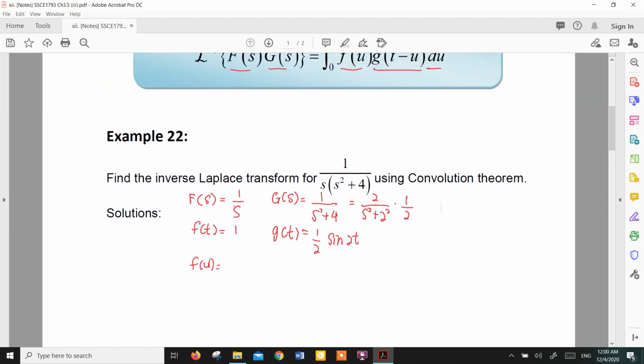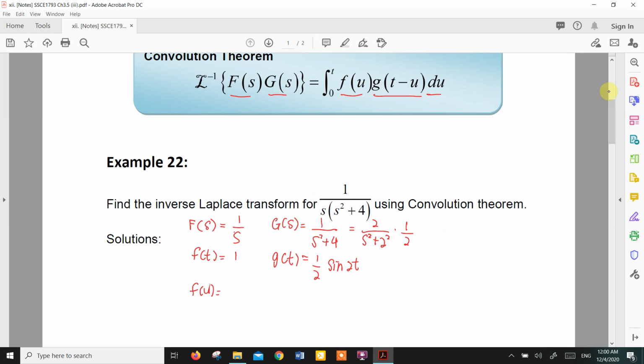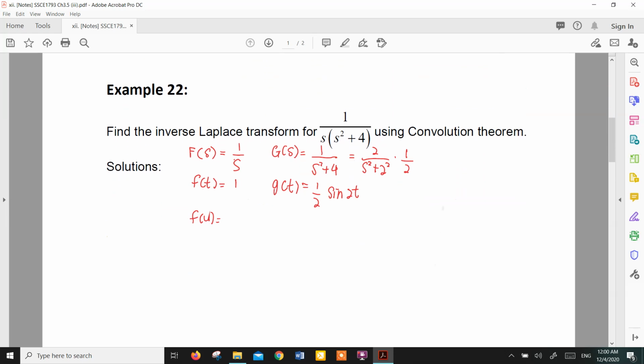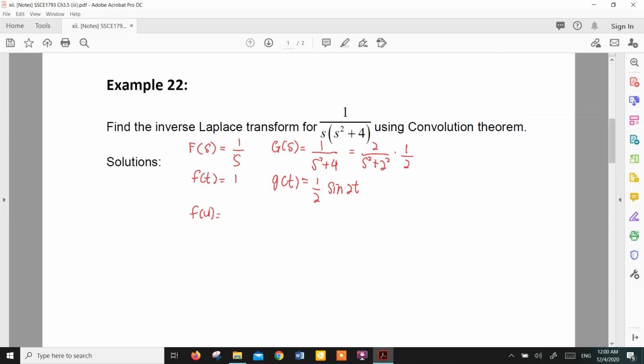Now we need to find f(u), because we have this equation, right? F(s)G(s) equals the integral of f(u)g(t-u) du. Alright, so f(u) is equal to 1 as well, because this is constant. So g(t-u) equals 1 over 2, this t you replace with t minus u, sin 2(t-u).